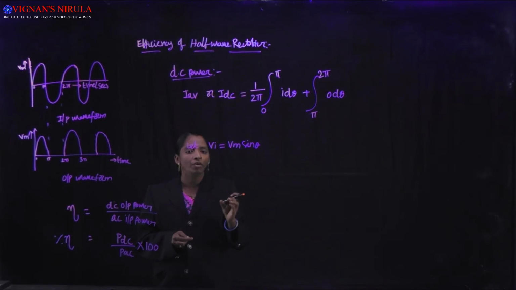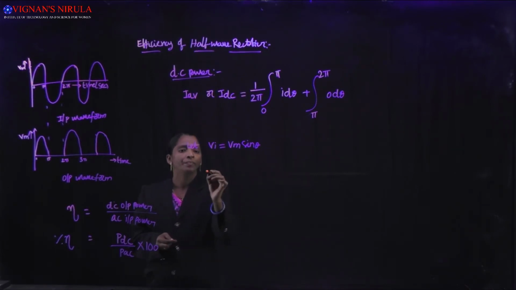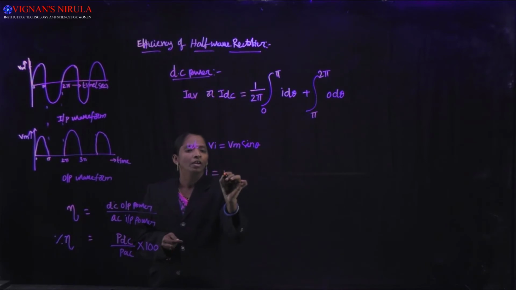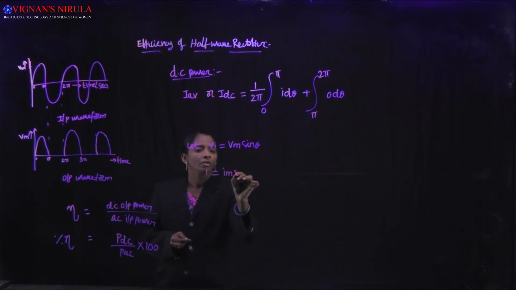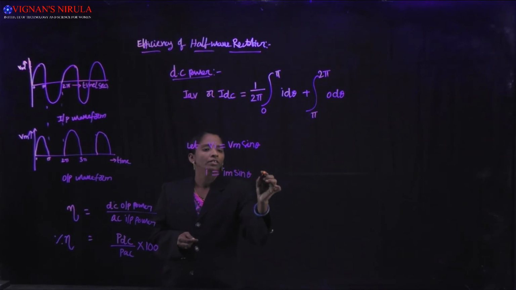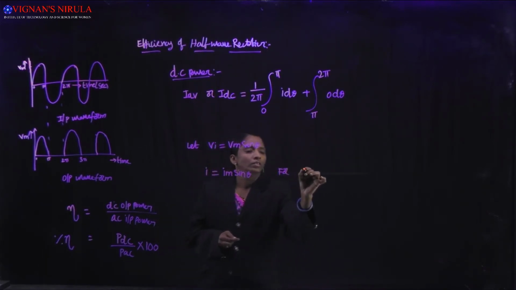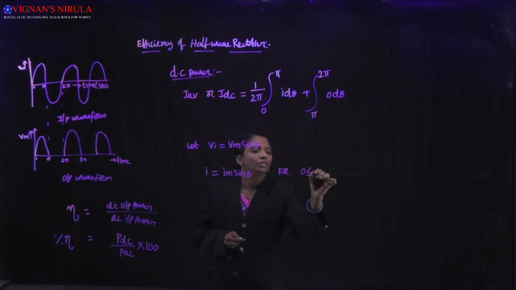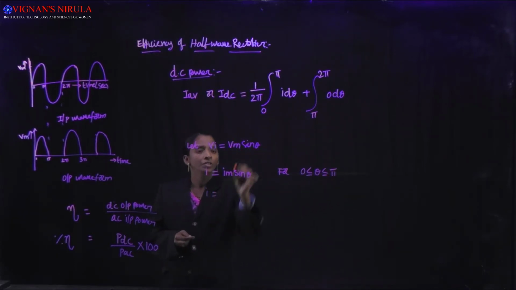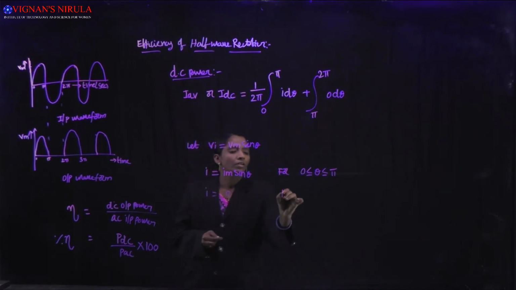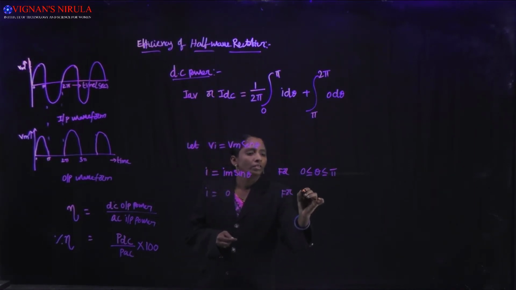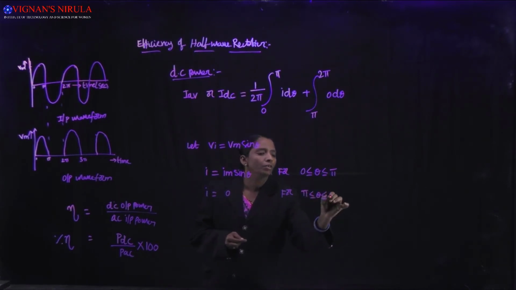So the current through the diode and resistance is I equal to Im sin theta for 0 less than or equal to theta less than or equal to pi, and I equal to 0 for pi less than or equal to theta less than or equal to 2 pi.